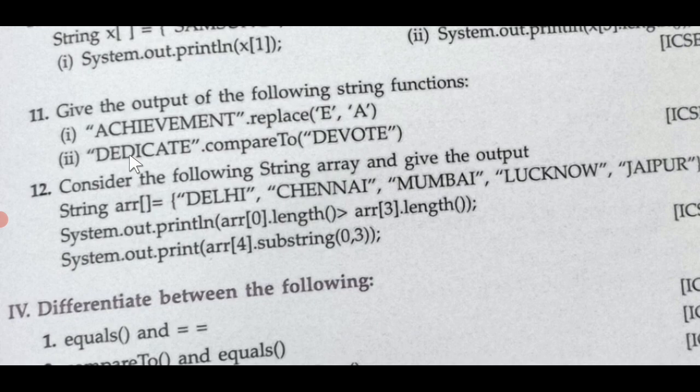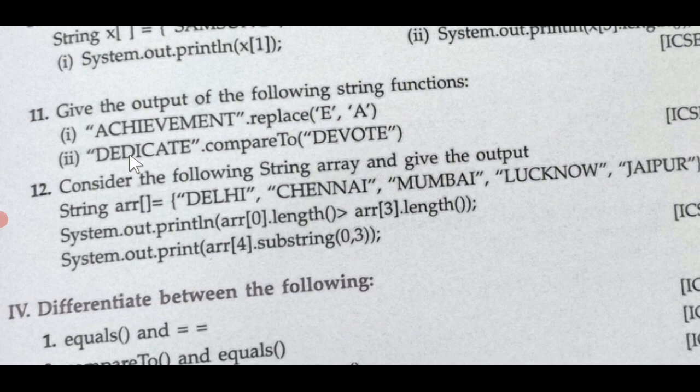U V W X Y Z, so Z is what, 90. Then we go in the reverse direction, 89 88 87 and 86. So you have to subtract 68 from 86.